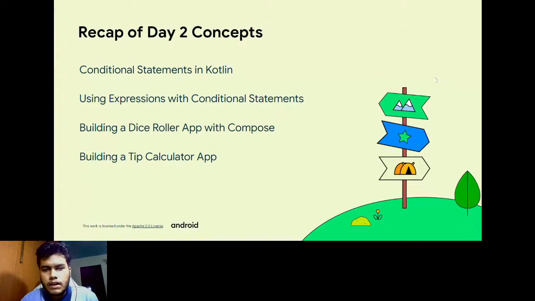So I'll just start with the recap of the day two concepts that we did last time. We discussed the conditional statements in Kotlin, like the if statement, when, else, and so on, and how we can use these conditional statements as expressions. After that, we proceeded to build a dice roller app.